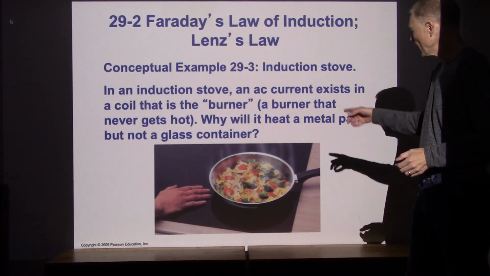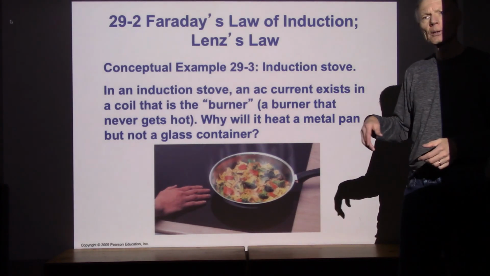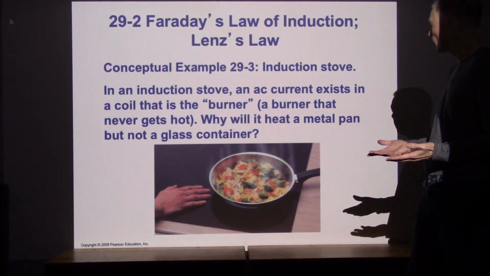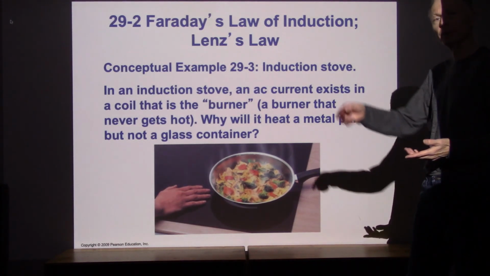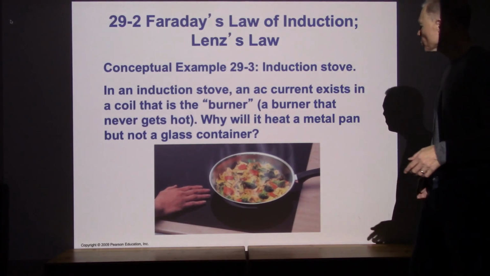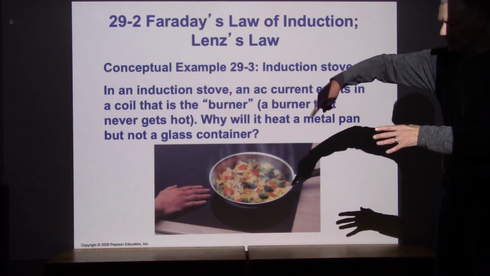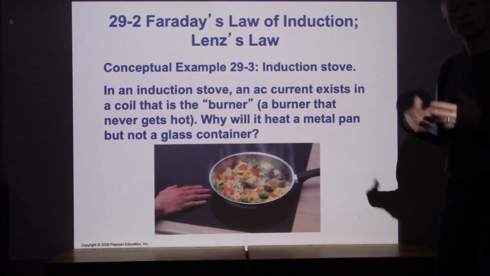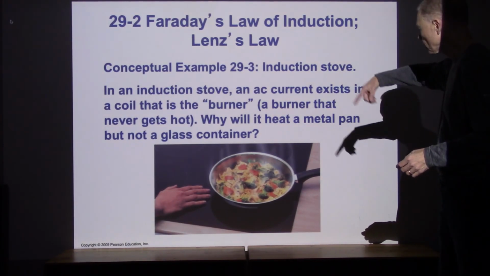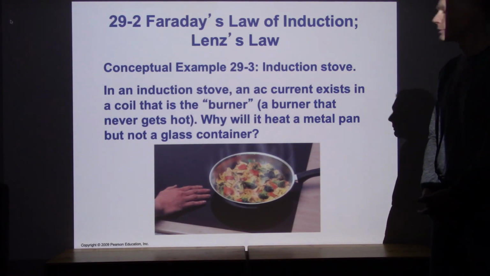And what we actually find is whenever charges are accelerating, they're generating fields that will have an effect on nearby conducting materials. So in this case, those charges that are accelerating inside the coils are actually generating electric fields, and those electric fields are going to set up currents inside the pans.